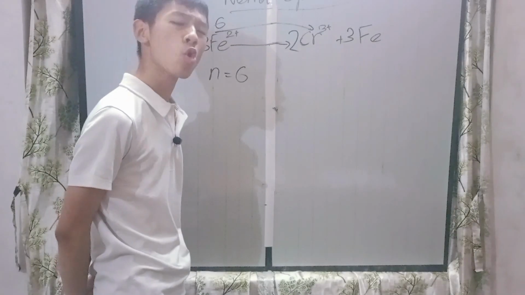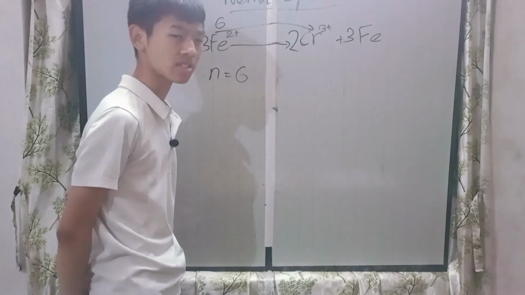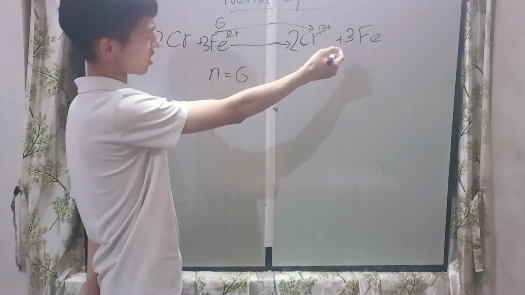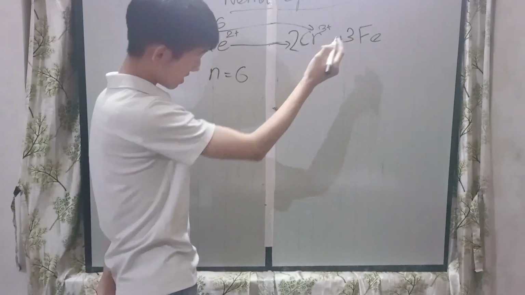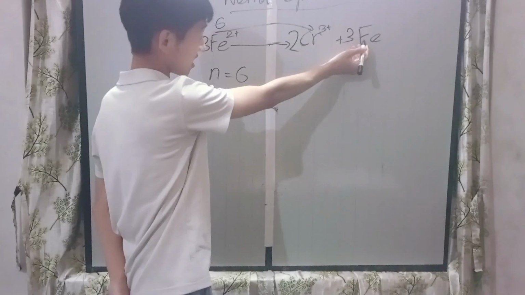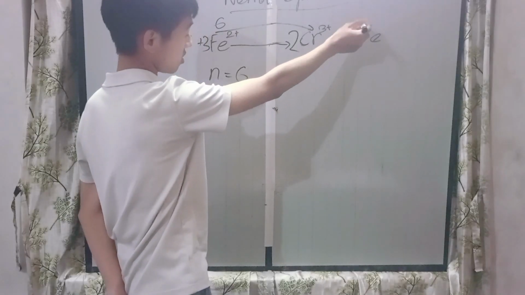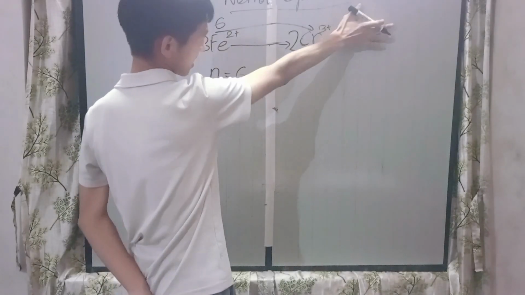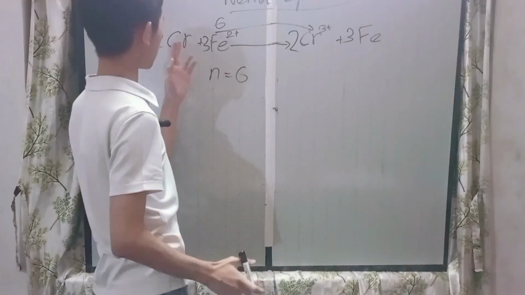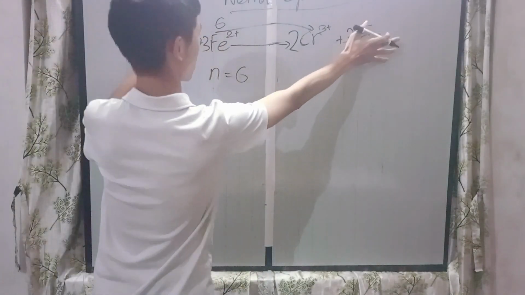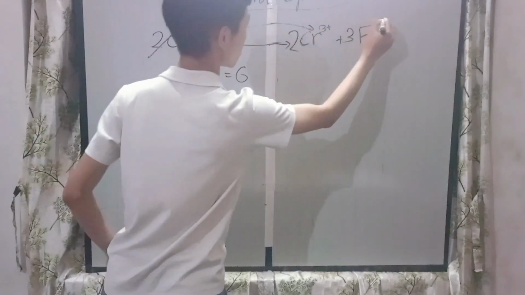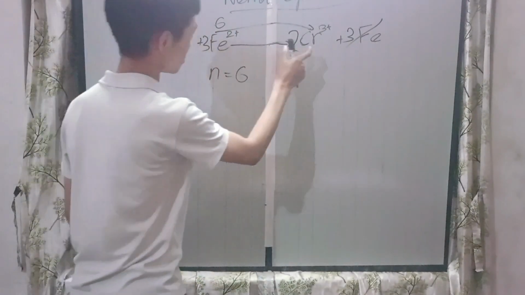What about the products? The solid metals are constant, so you can ignore them. You need to focus on the two ions.